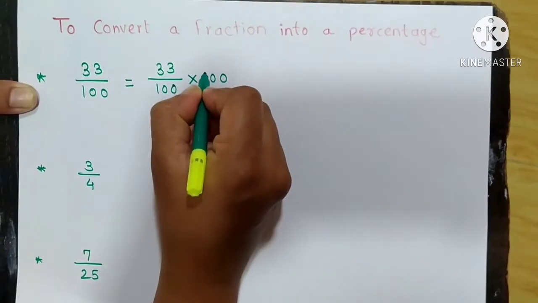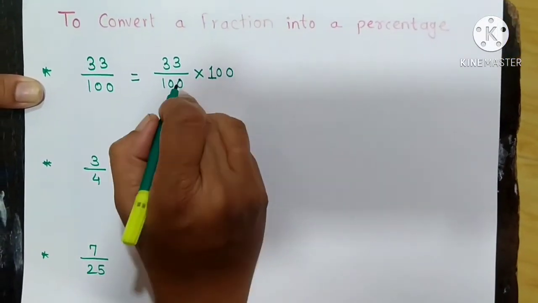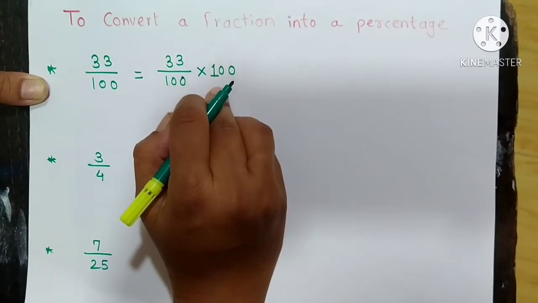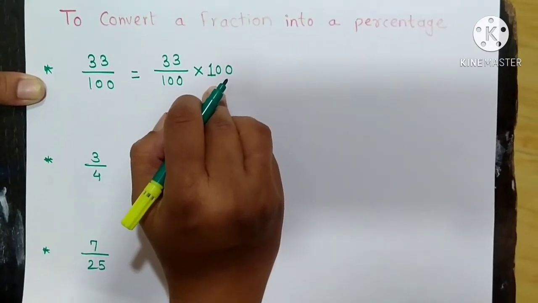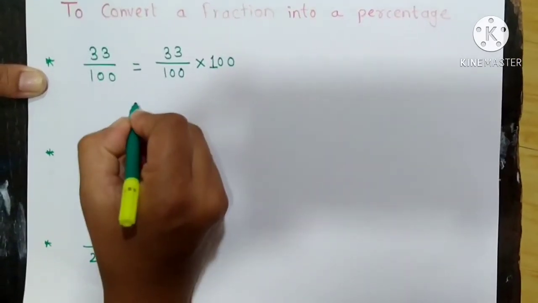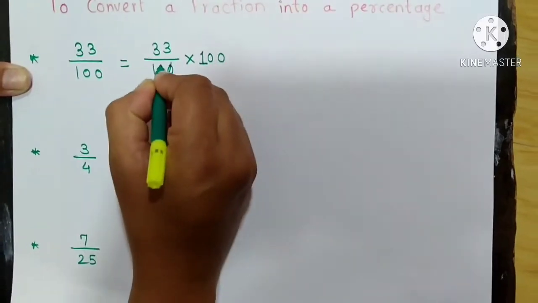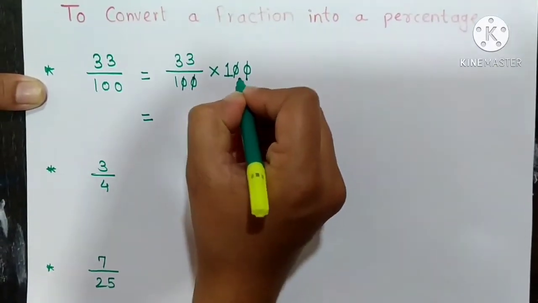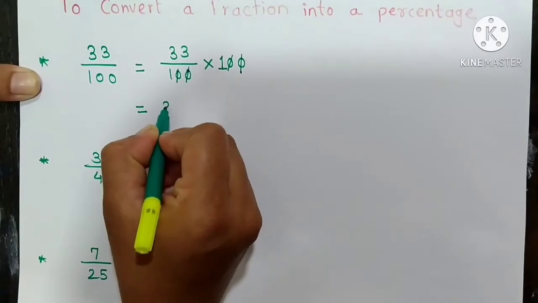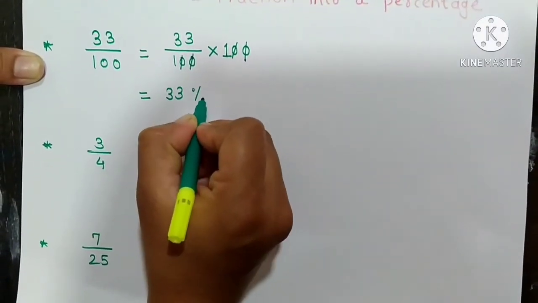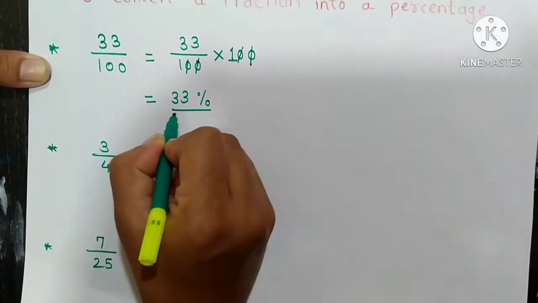Means this is the fraction and we are going to multiply this fraction by 100 and put the percentage sign. Okay, now these two zeros cancel with these two zeros. So our answer is 33. So 33% is the percentage.